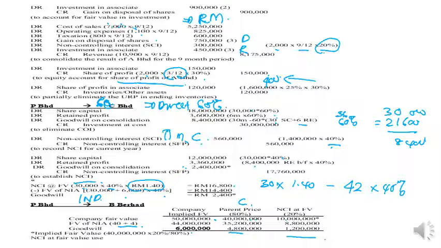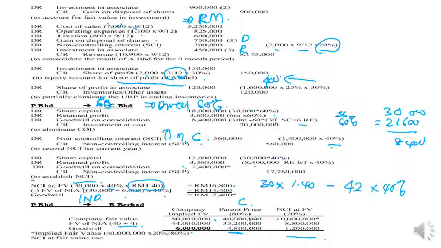And then for share capital, to establish the NCI here, share capital 40%. The RE brought forward times 40%, 8.4. And then goodwill on consolidation here. The fair value here is 30 times 40%, share capital, and then times 1 ringgit 40.